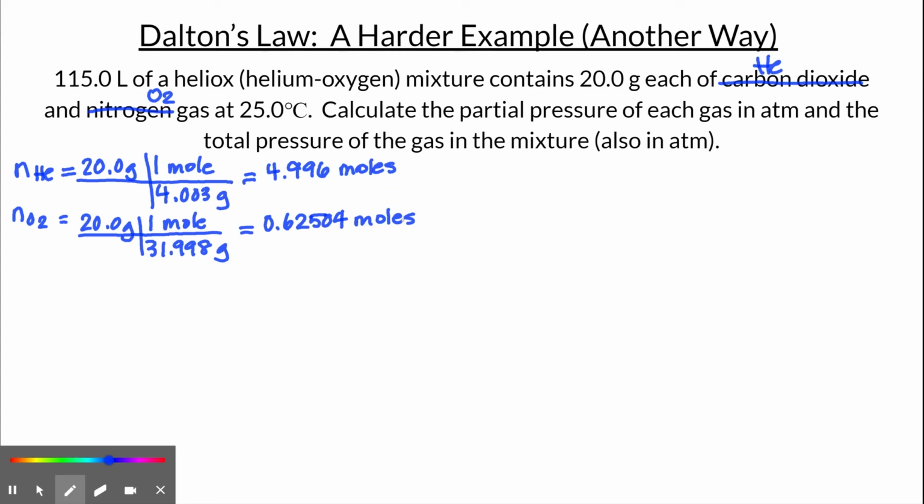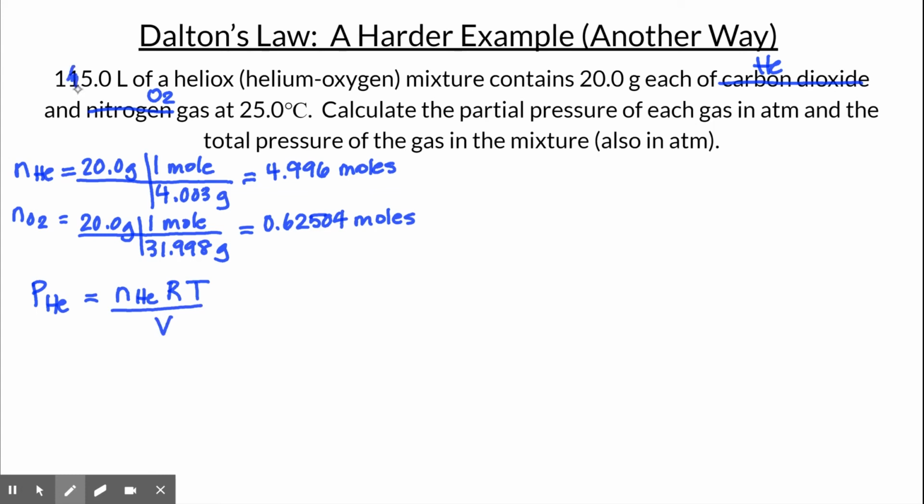So to solve for the partial pressure of helium right away, this is going to be the number of moles of just helium times R times T divided by V. Note that, again, there's no such thing as partial volume. The volume of helium is still 15 liters.